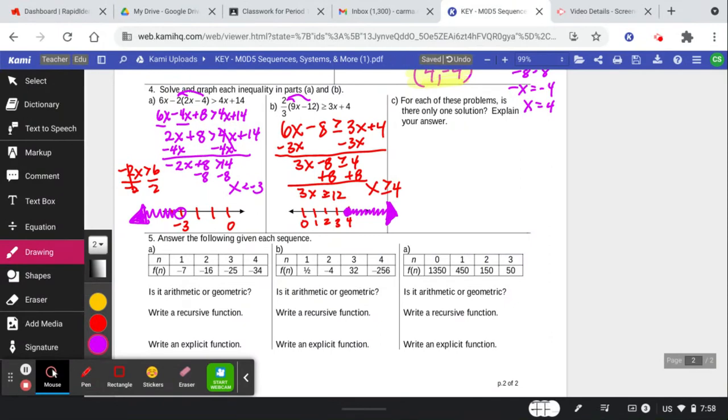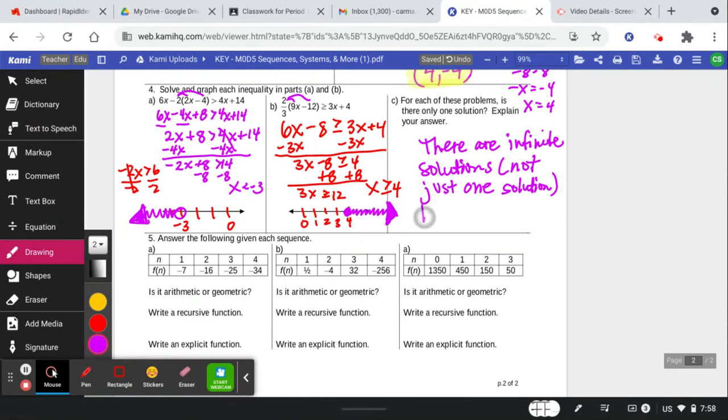How'd you do? Now part C says, for each of these problems, is there only one solution? Explain. There are many solutions or infinite solutions, not just one solution, because the arrow goes forever.